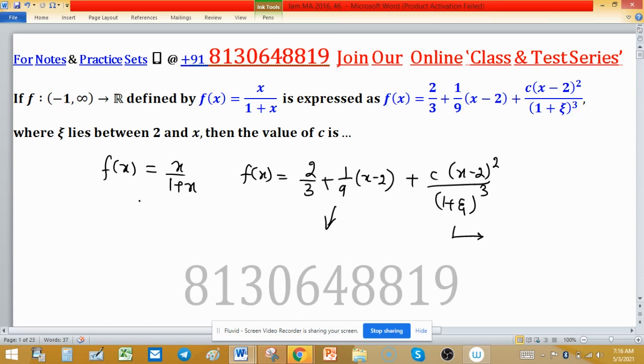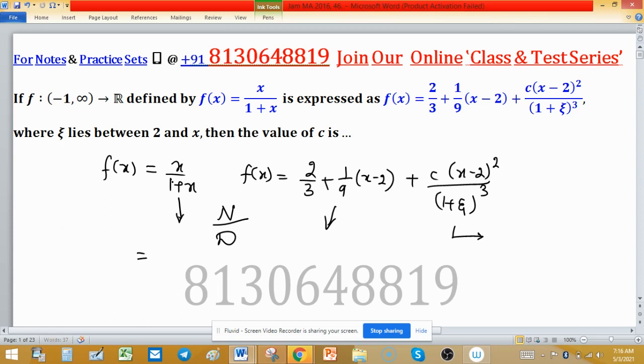To apply Taylor's theorem, the function should be many times differentiable. We cannot say that just by looking, but if numerator and denominator are given, you can apply the quotient formula for differentiation, and you can say this is many times differentiable.